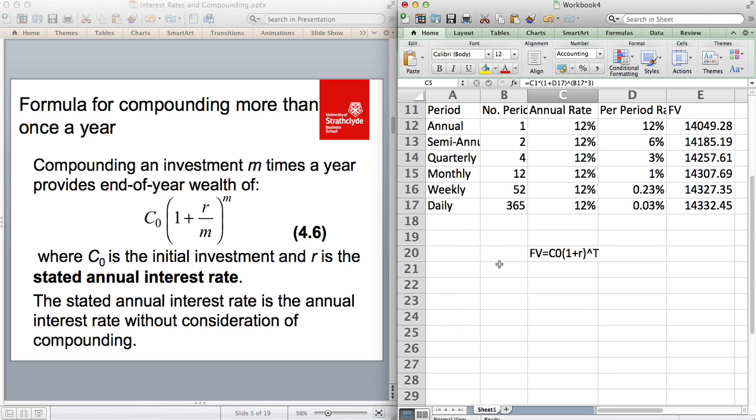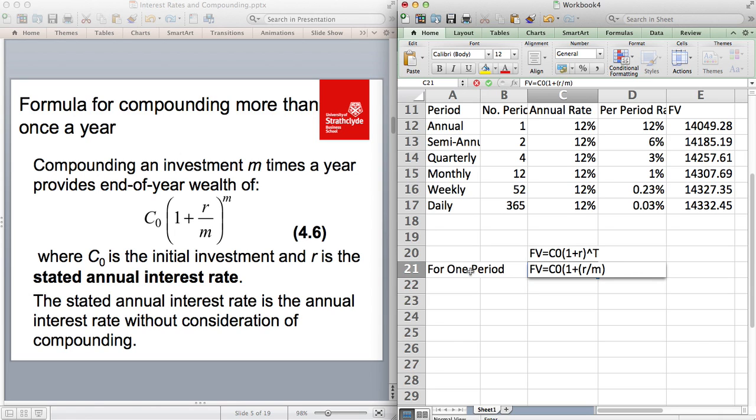So let's do it for 1 period. If we're just looking over the next period, then FV is equal to C naught times 1 plus R divided by M. That's the number of periods.